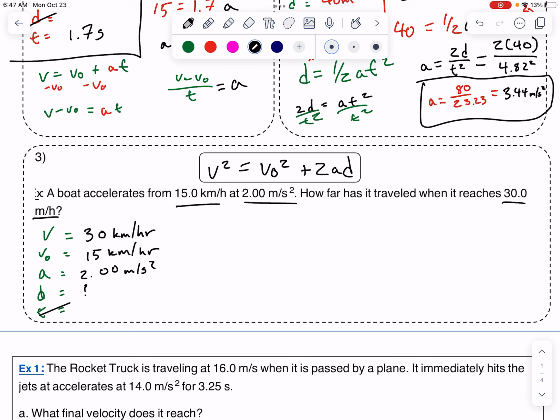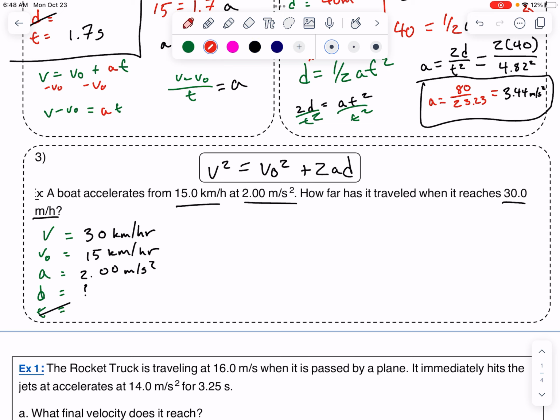Now, keep in mind, for all of these, you always want to do conversions back into SI units, basically our standard units. We're given the velocity in kilometers per hour, and we're trying to figure out how far it went in meters. I guess we could find how far it went in kilometers, but this is honestly going to be easier.